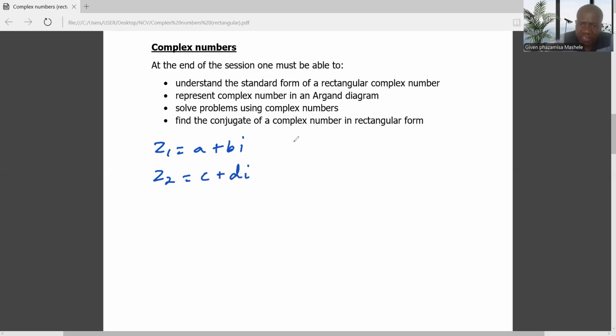So if we take Z1 and divide by Z2, this will be a plus bi divided by c plus di. Remember, the main aim of simplifying this is that we want to end up having a single complex number in the form of a plus bi.